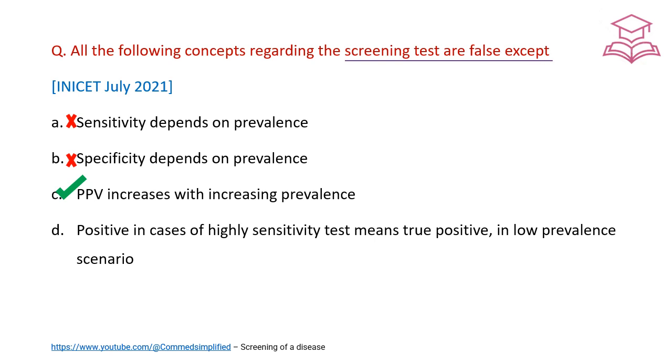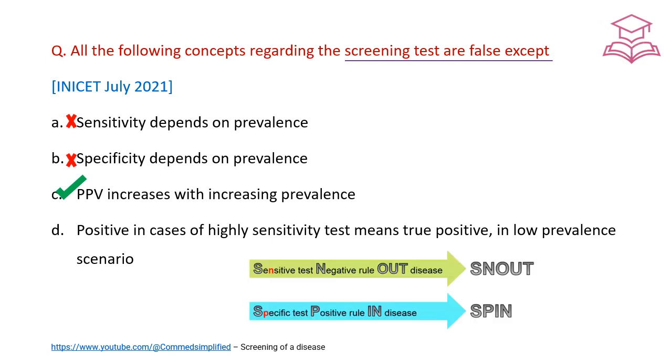Now, positive in cases of highly sensitive test means true positive in low prevalence scenario. This is a false statement. There is a mnemonic, SPIN and SNOUT.